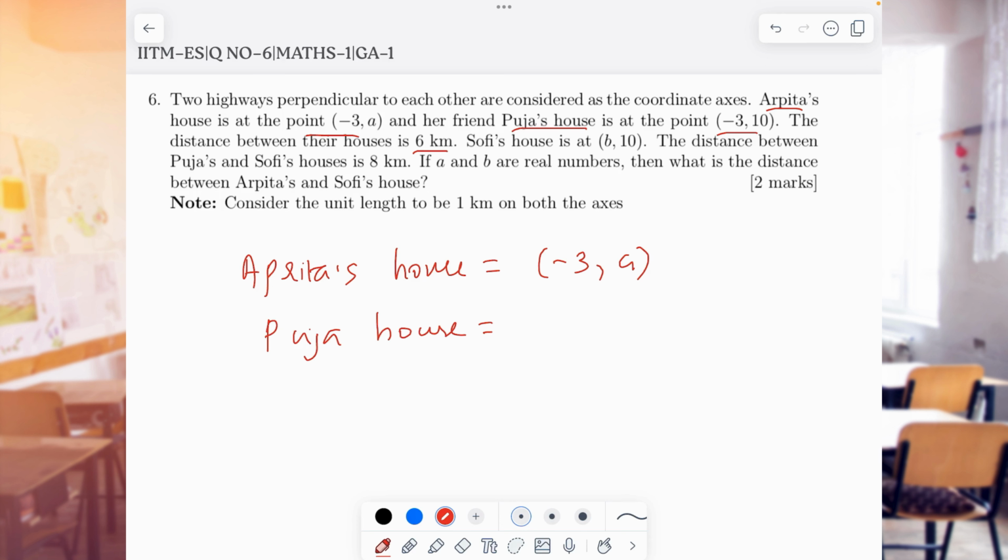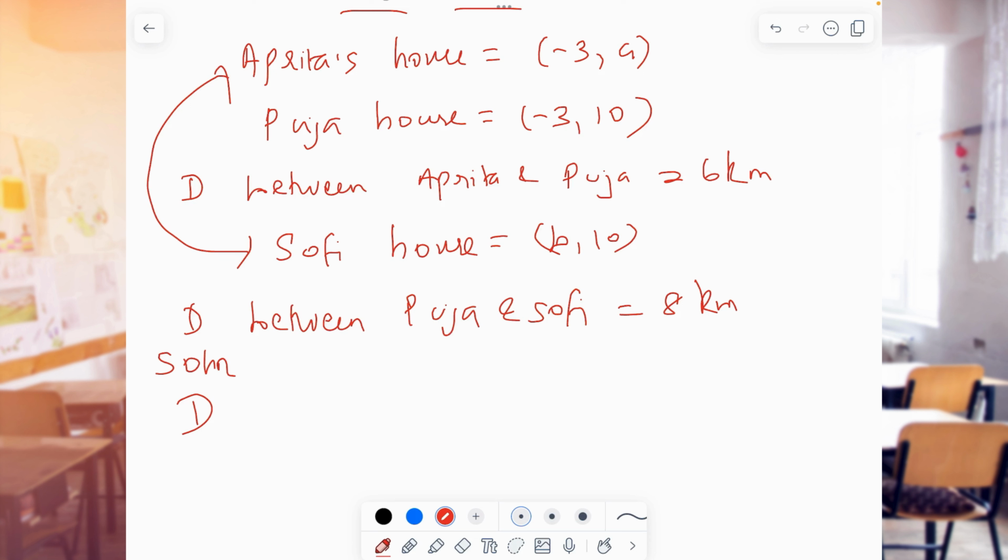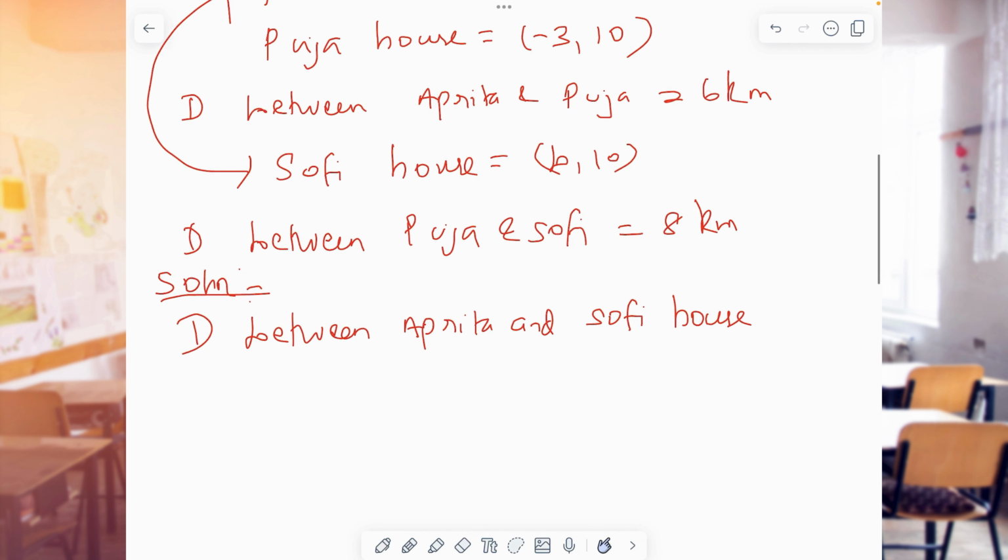The distance between Aprita and Sophie house they asked, so solution now we will write the distance between Aprita and Sophie house, so we should be using the distance formula.